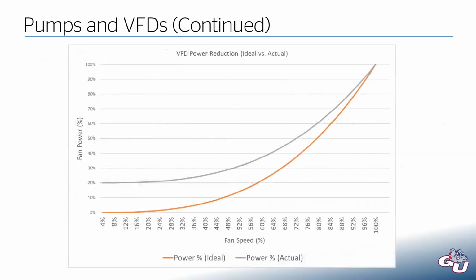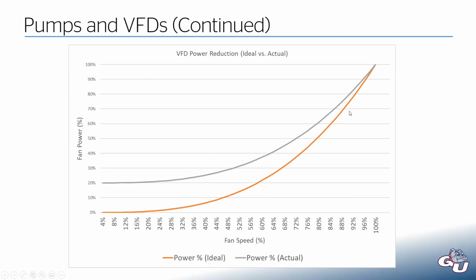To try to visualize this, if we were to try to look at an actual versus an ideal power reduction relationship between a fan and the airflow reduction, well, if we're at 100% fan speed, we're obviously going to be at 100% power.